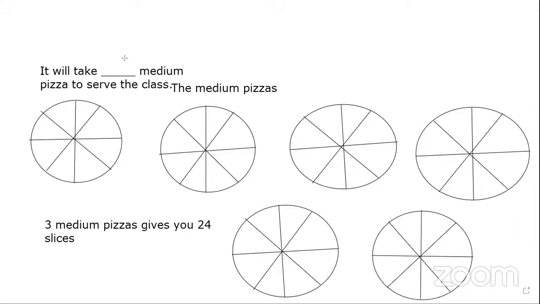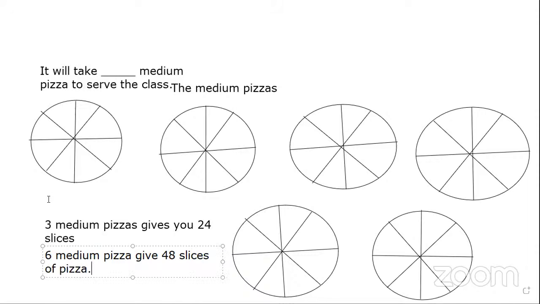Because if we do write another here, to say 3 more medium pizzas, which will give us 6 medium pizzas, and we know that 3 and 3 gives you 6. So 24 and 24 will give you 48, right? 48 slices of pizza.